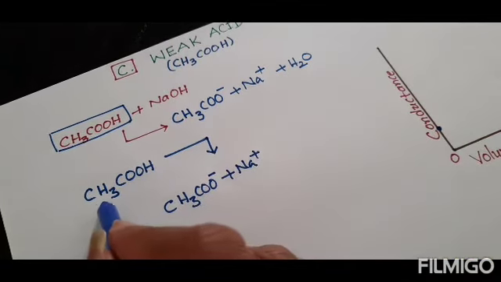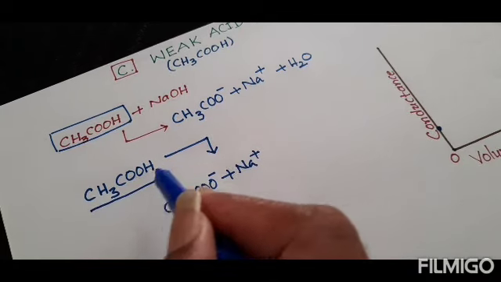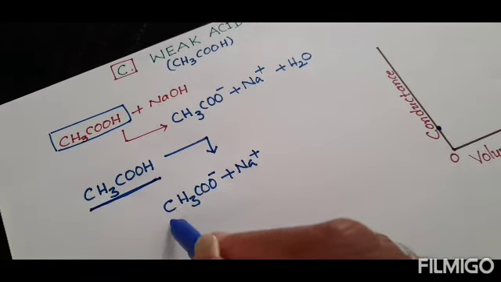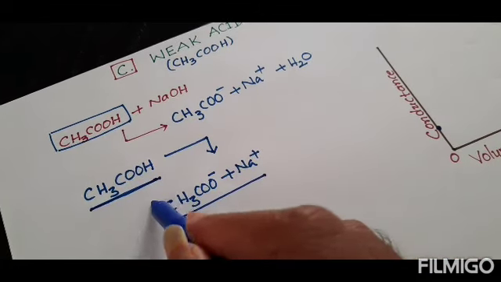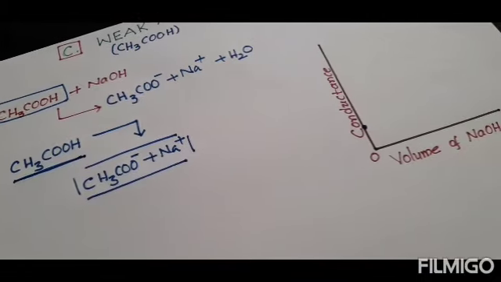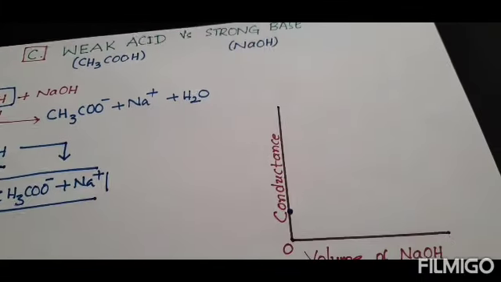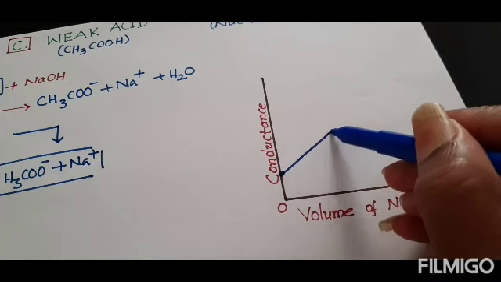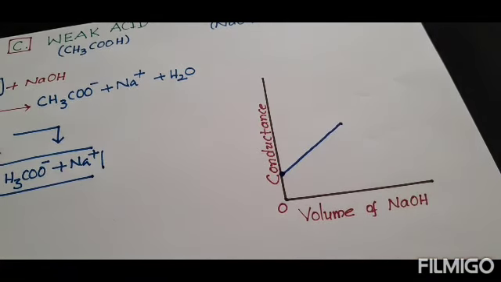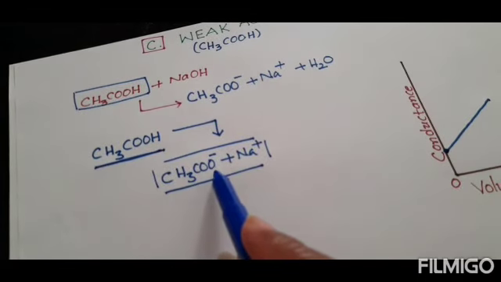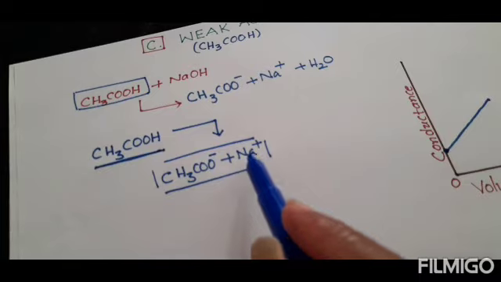That means a system with very few ions or negligible ions will change to completely ions. In the aqueous solution, the more the number of ions, the more the conductance. So here conductance continuously increases until the end point, because acetic acid is converted into acetate ion and Na plus.